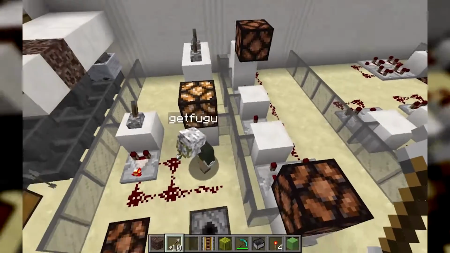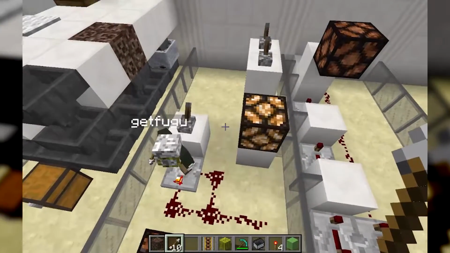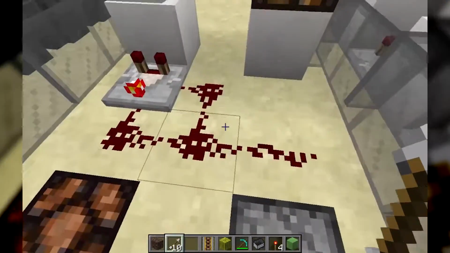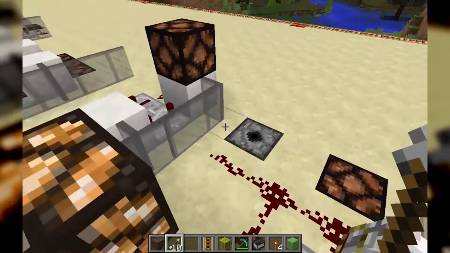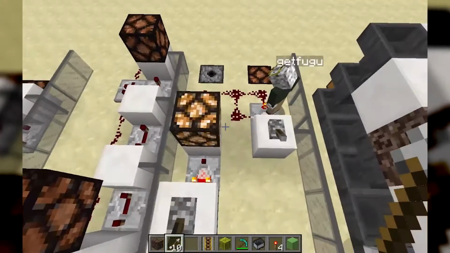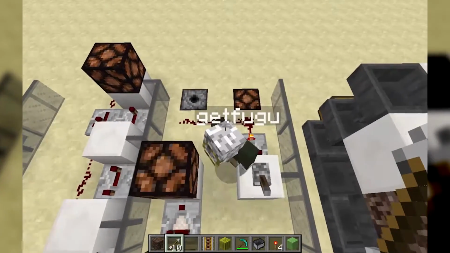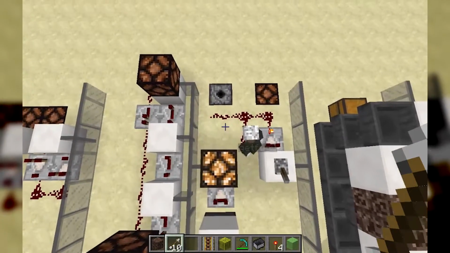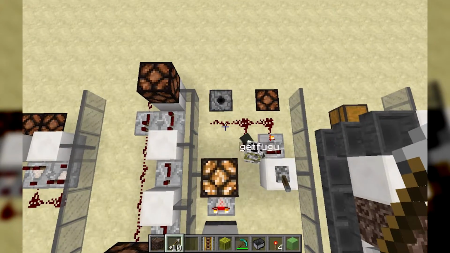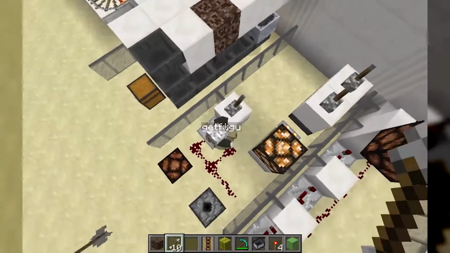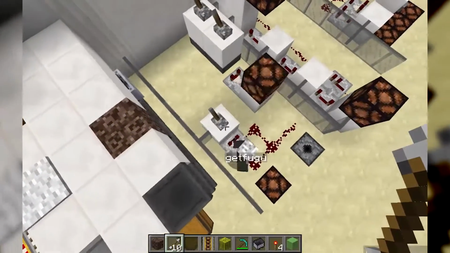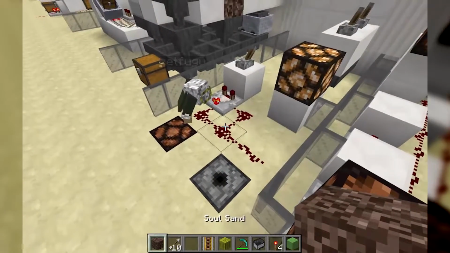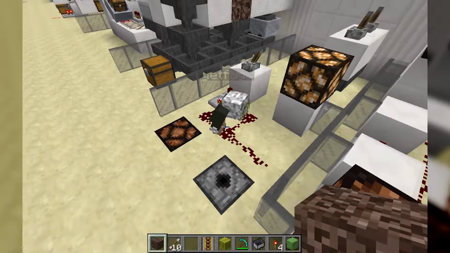Yeah. But basically, the way this works is this comparator is powered by the lever, right? So 15 signal strength. This comparator is on subtract mode. So it's subtracting from this 15 whatever it gets as an input on this side. Okay. So right now, there's no power. So the first time it outputs 15, 14, 13.